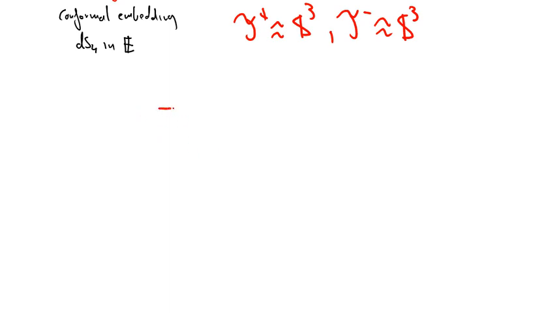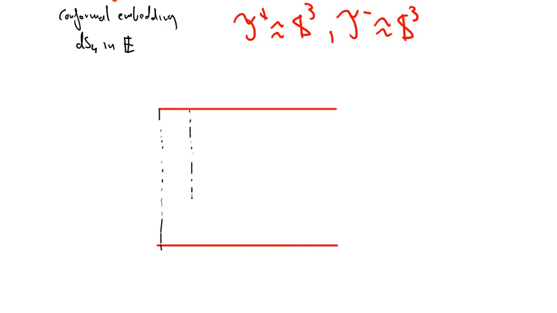It's here. And the vertical lines here correspond to constant values of the chi coordinate.